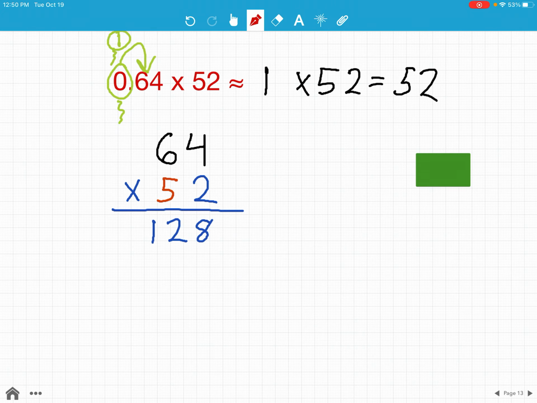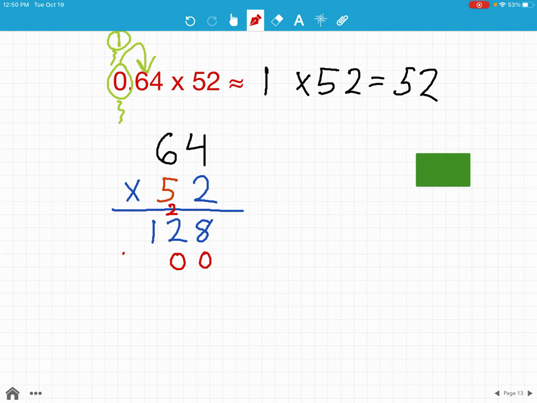Now we're going to the tens. 5 tens times 4 equals 200. Oops, or 20. So we're going to have that 0. That's the one from the tens. Then this is for the 20.